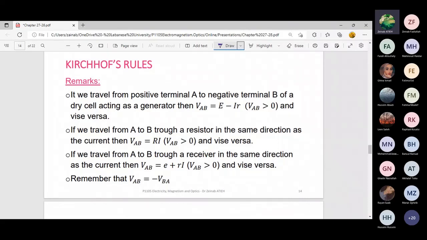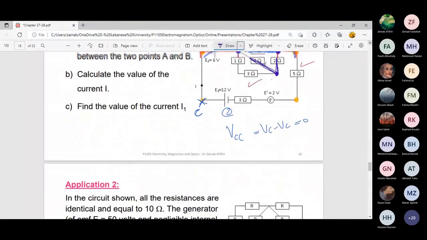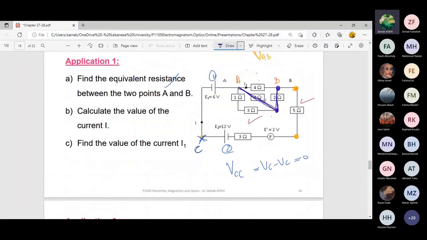If I'm moving from the positive pole to the negative pole of the generator, I place the formula E minus IR. If I'm moving from the negative to the positive, let me go back to my example.